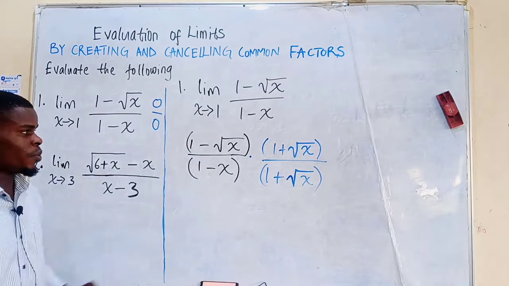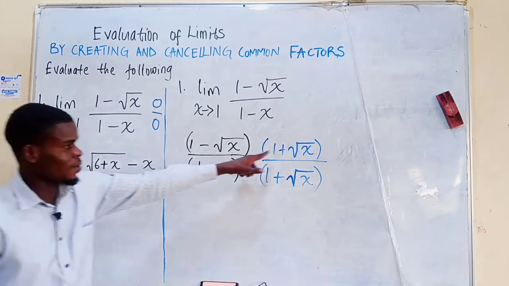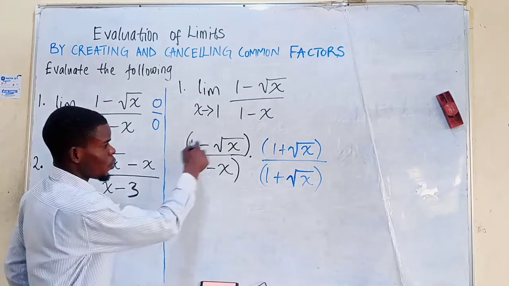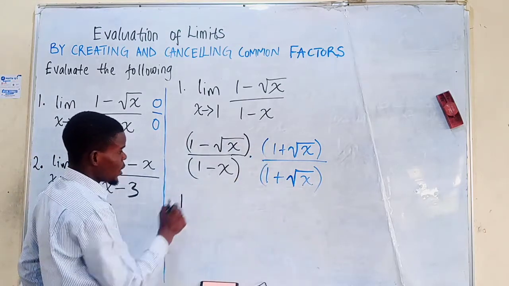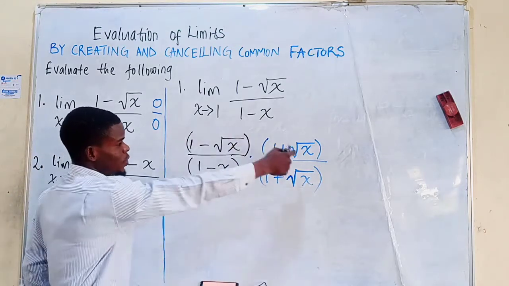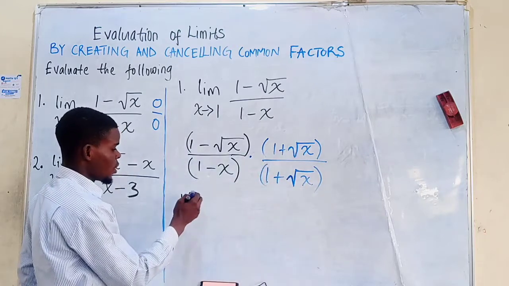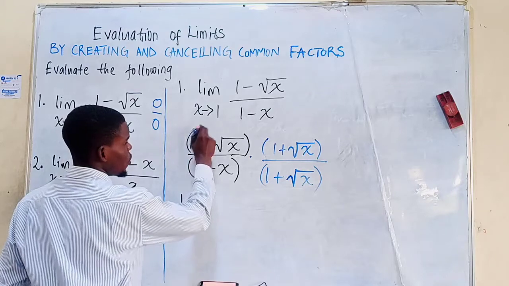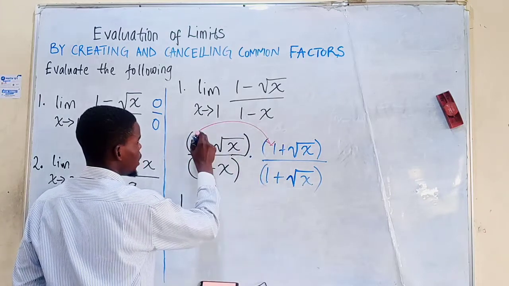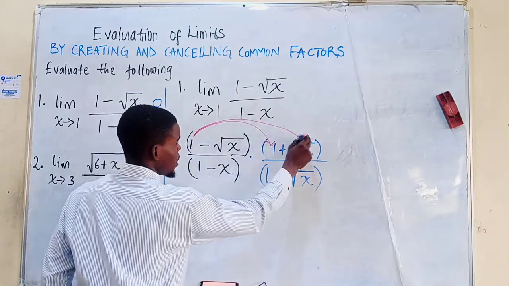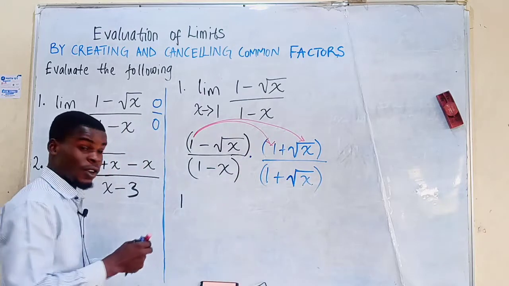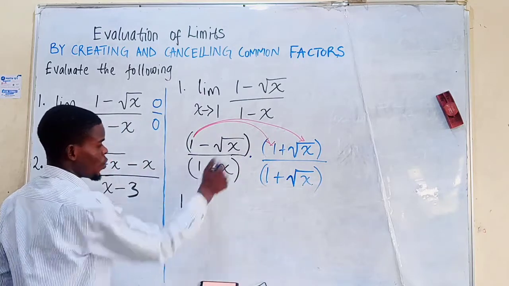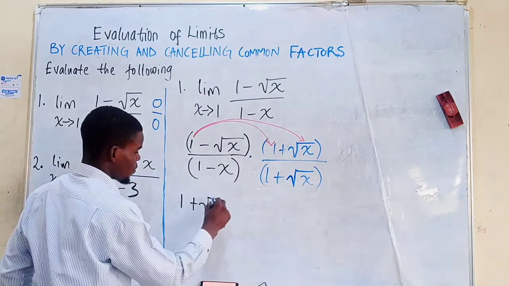So let's expand the numerator by just expansion. This times that, and so on. So 1 times the first one, right? That is 1. Then 1 times square root of x gives us, so maybe let me show you a pattern we're going to be following. We have 1 times 1, and then 1 times the next number. So we also use negative square root of x to do the same, right? So 1 plus the square root of x.